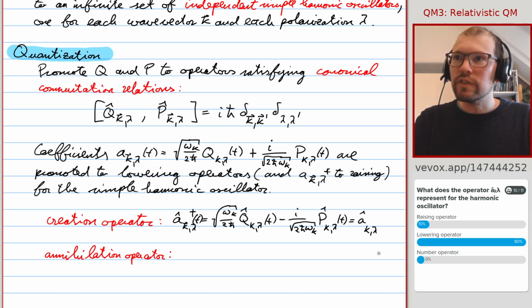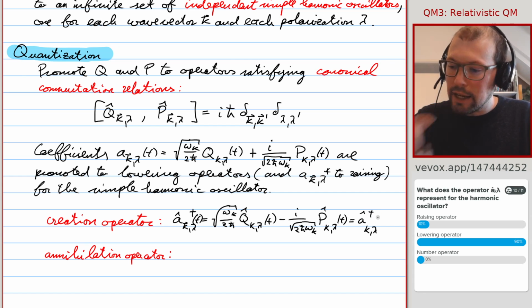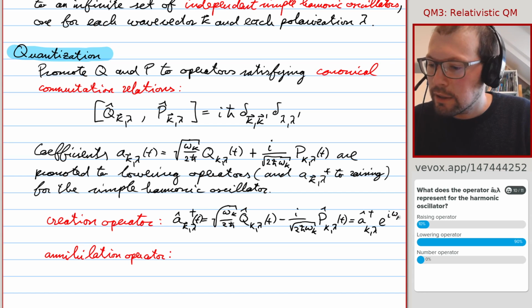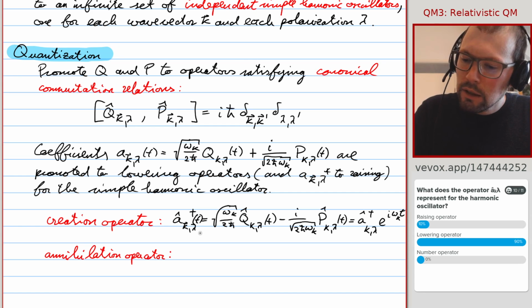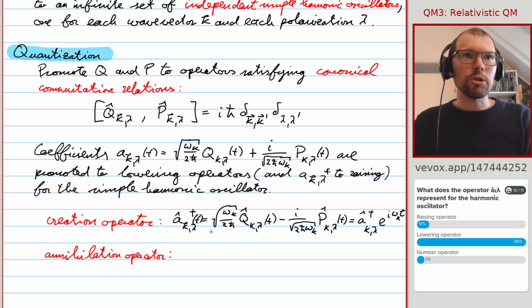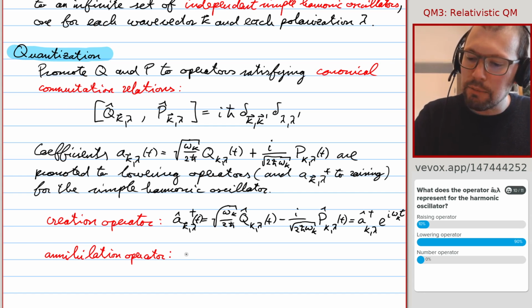But there is also a time independent version of this, a dagger k lambda, with the explicit time dependence there. So what does this operator do? Well, it adds exactly one quantum in the harmonic oscillator corresponding to wave vector k and polarization lambda.